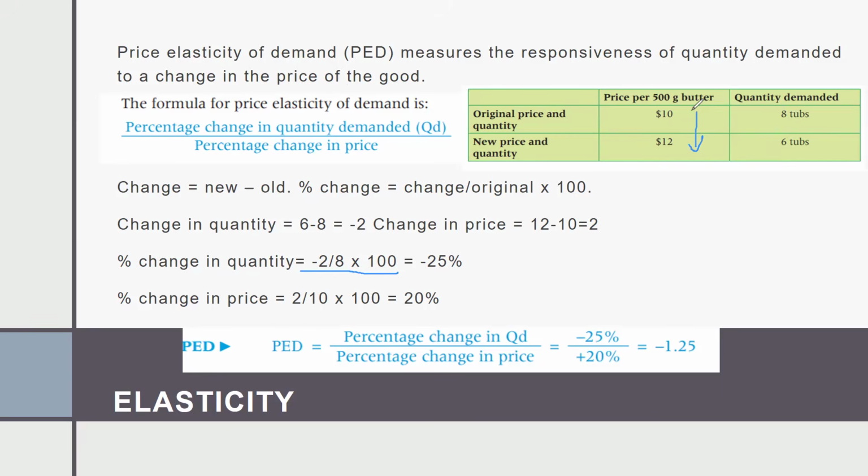That's positive 2 divided by 10 multiplied by 100, which is 20%. Now I can calculate my price elasticity of demand: negative 25% divided by 20%, and that gave me negative 1.25.